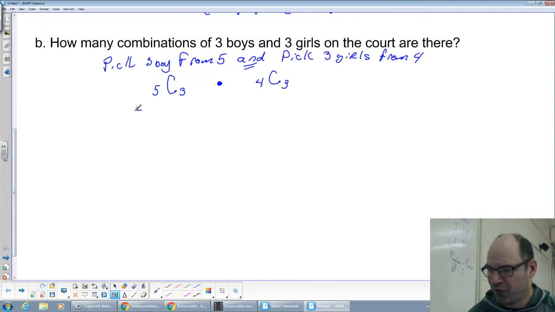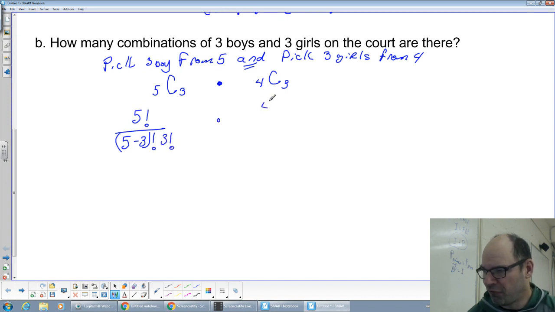That's 5 factorial over (5 minus 3) factorial times 3 factorial, times 4 factorial over (4 minus 3) factorial times 3 factorial.